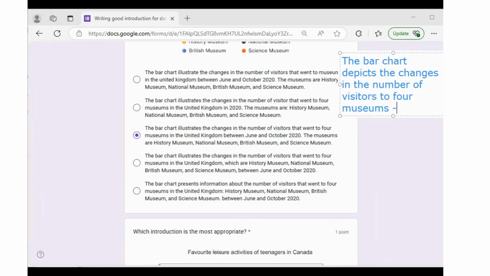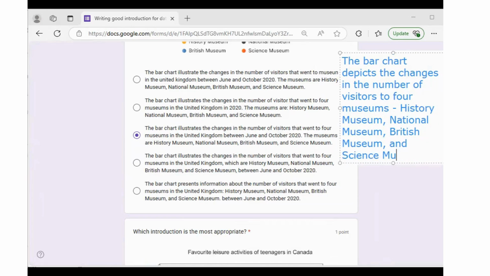You now put a dash. You now list the museums. History Museum, National Museum, British Museum, and Science Museum. You now put another dash, and then you continue what you are saying.